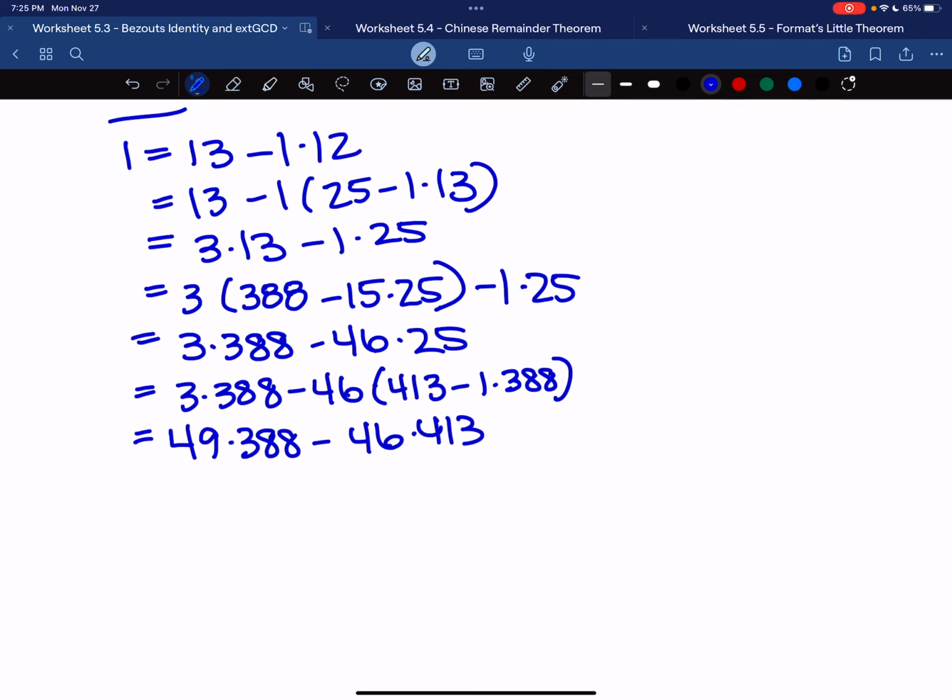Somewhere back here, I felt like I had done something wrong, and I don't exactly know why I thought that. I'm still looking at that. 3 times 13. I need a calculator.